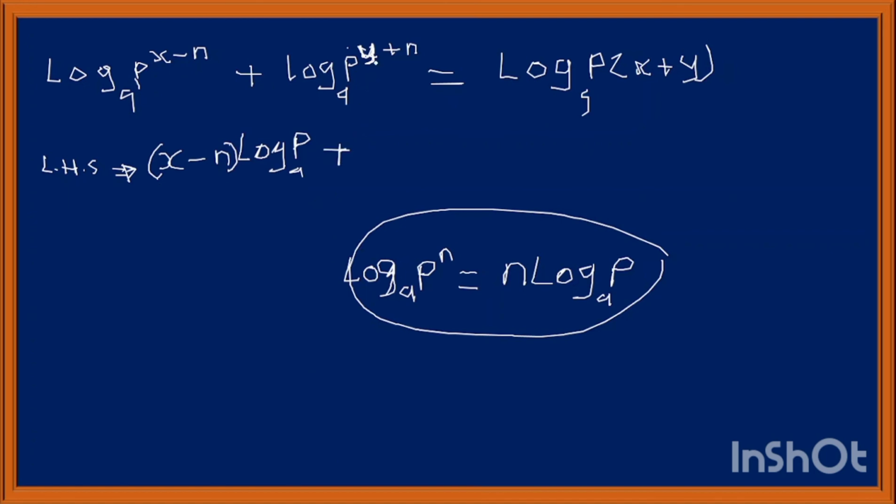So this is the power y plus n, so we'll bring it to the front and multiply it by everything, y plus n into the log of p base a. So let's create space. Let me get rid of that.